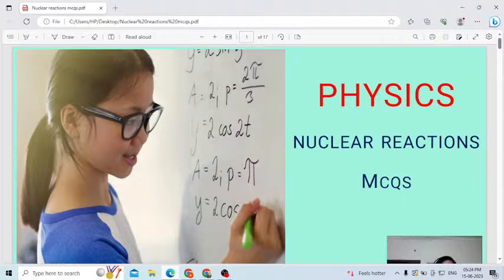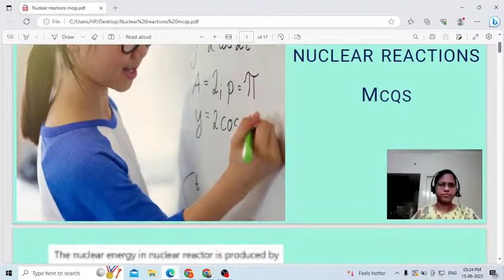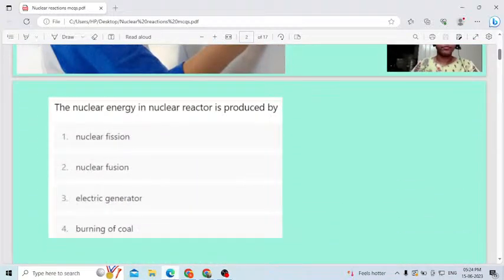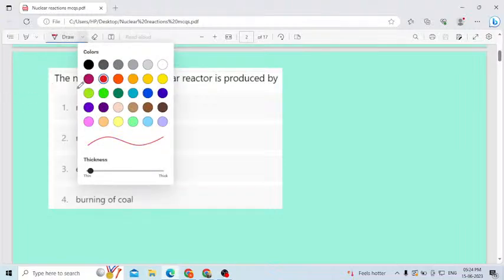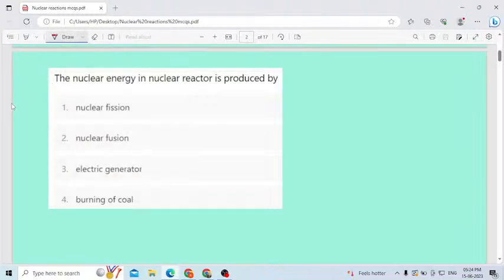Nuclear reactions. First question. The nuclear energy in a nuclear reactor is produced by: first option, nuclear fission; second option, nuclear fusion; third option, electrical generator; fourth one, burning of coal.